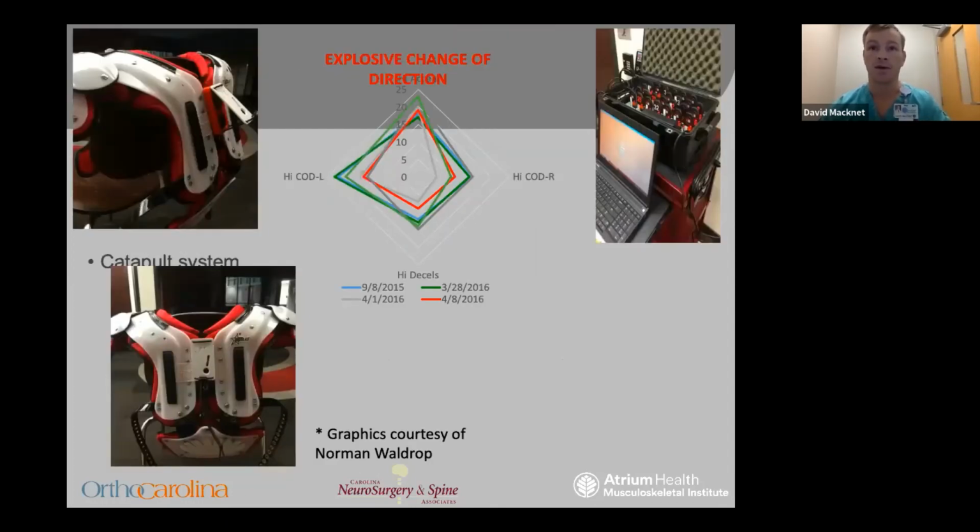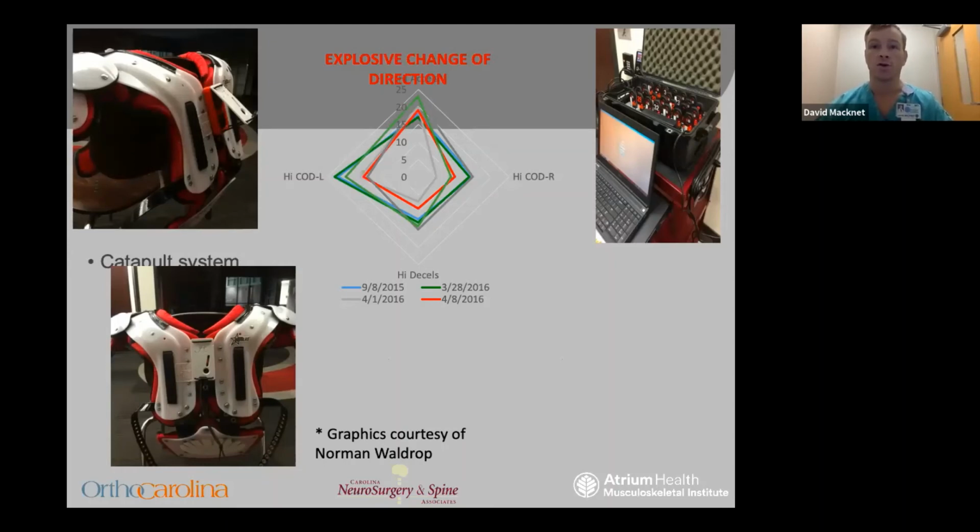This graphic here shows the data from a patient before and after an injury, where the vertical axis represents peak velocities and deceleration speeds, and the horizontal axis shows side-to-side accelerations.